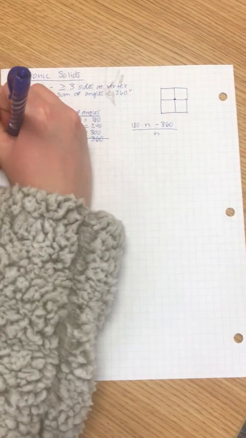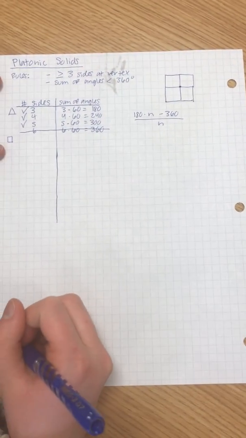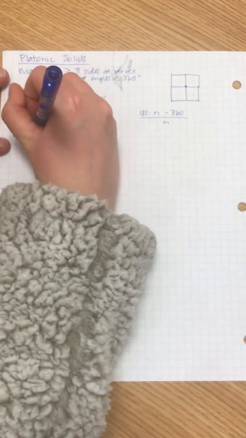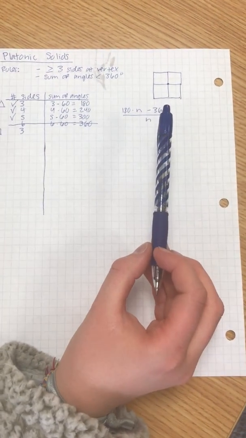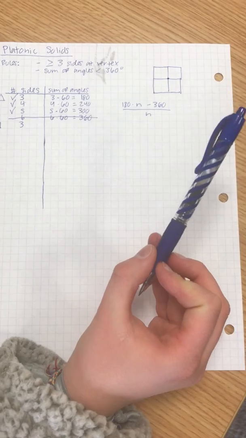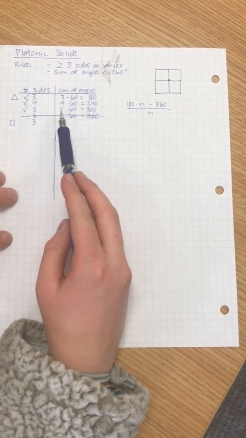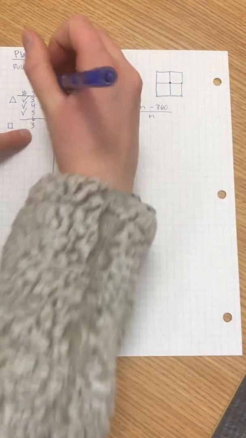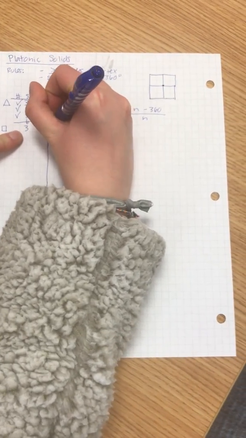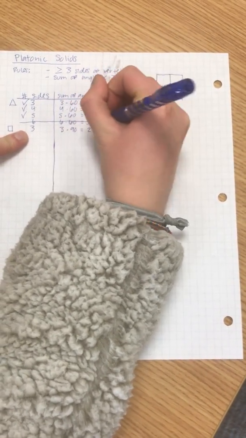Now we're going to move on to squares, and we're going to use the same chart. We'll start with 3 again for squares. We're not going to use this equation for squares because we already know that each angle in a square is 90 degrees. So the sum of the angles for 3 squares will be 3 times 90, which equals 270 degrees.